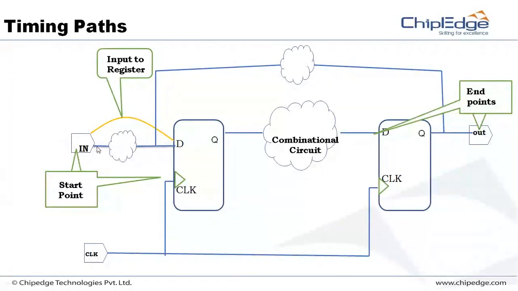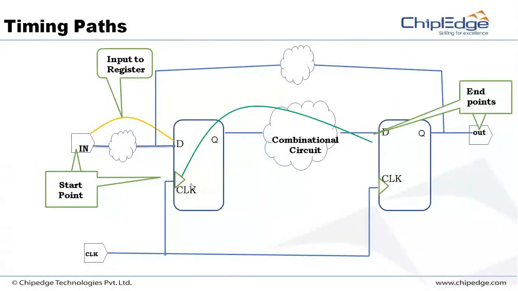Some input comes and goes into the combinational circuit. This cloud I'm showing is a big circuitry with your AND gates and NAND gates. That will take some time and give you the output at the D pin. So the time taken to get here, we need to calculate and see that it meets the setup time and the hold time of the D flip-flop. That is the first path, input to register.